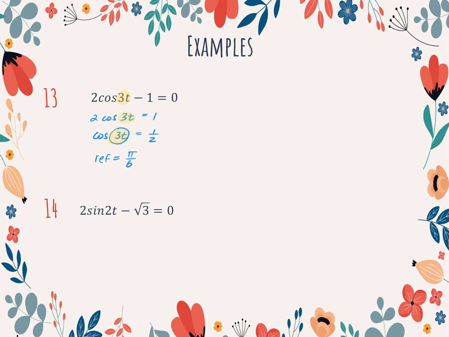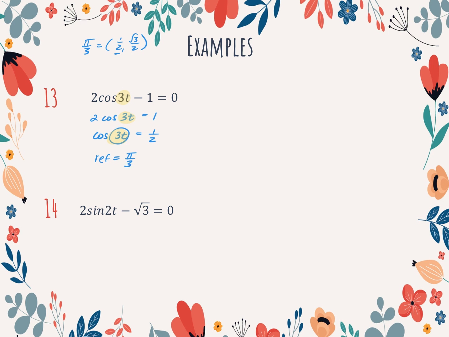Actually, it does not. It's pi over 3, my bad. My 60 degrees have that, right? Because I know that pi over 3 is basically a half and square root of 3 over 2. That's my ordered pair for my reference angle. So again, cosine represents the x value, so my reference angle is pi over 3.